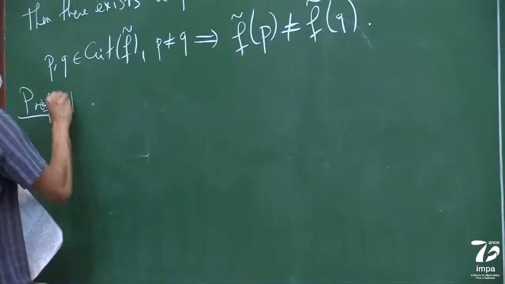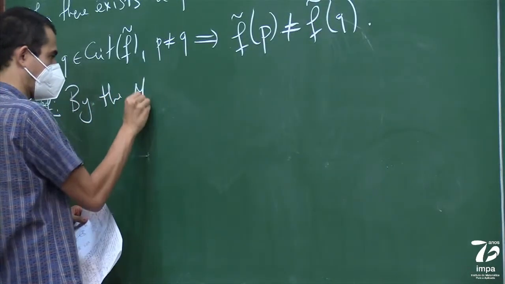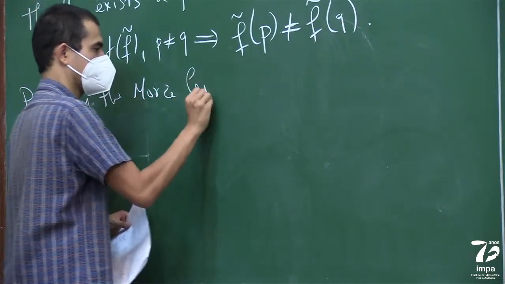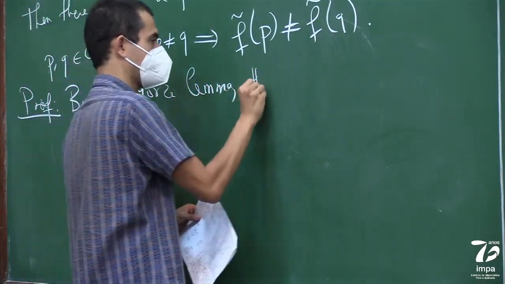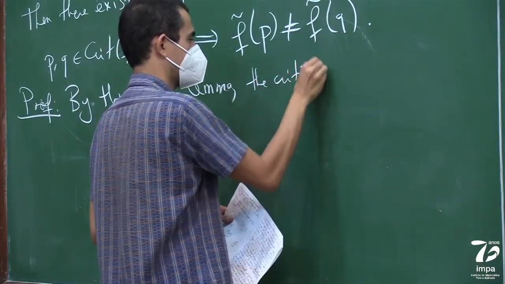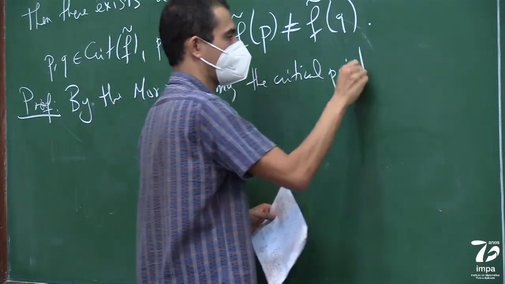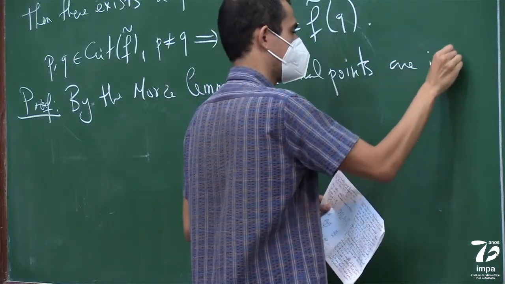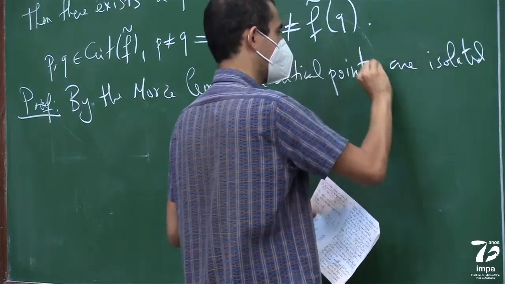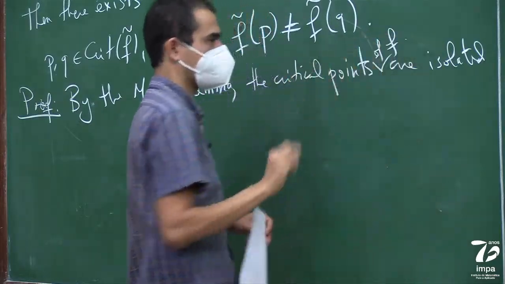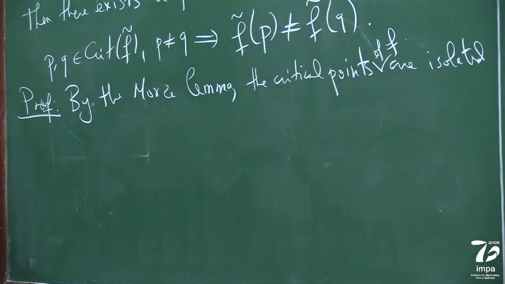So by the Morse lemma, the critical points of f are isolated. So what I'm going to do now is perturb the function f on just little neighborhoods of the critical points to make sure that the function attains different values.